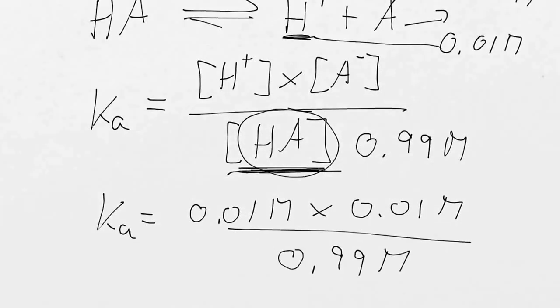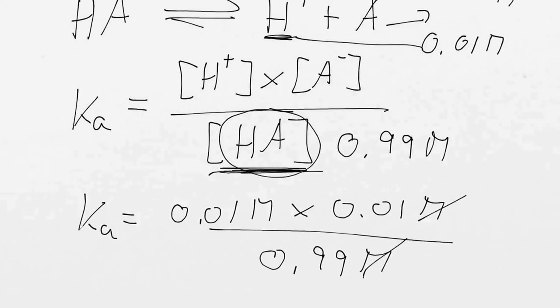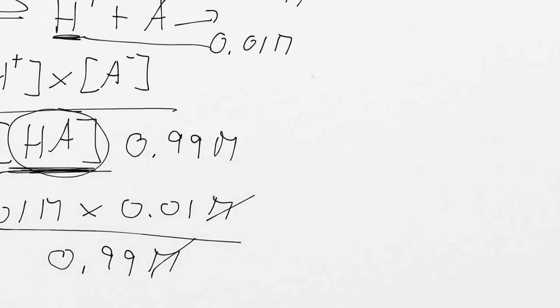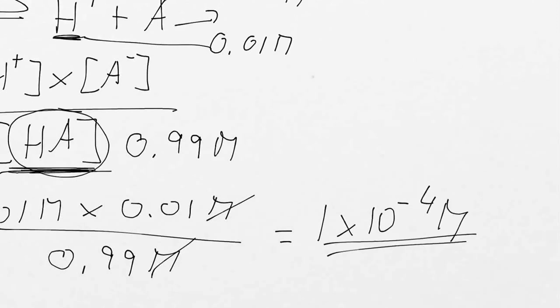What would be the unit of Ka? Molar, yes, because 1 molar cancels out. And if we whack that into our calculator, what do we get? 1.01 times 10 to the minus 4. Okay, 1 times 10 to the minus 4 molar. So that's our dissociation constant.